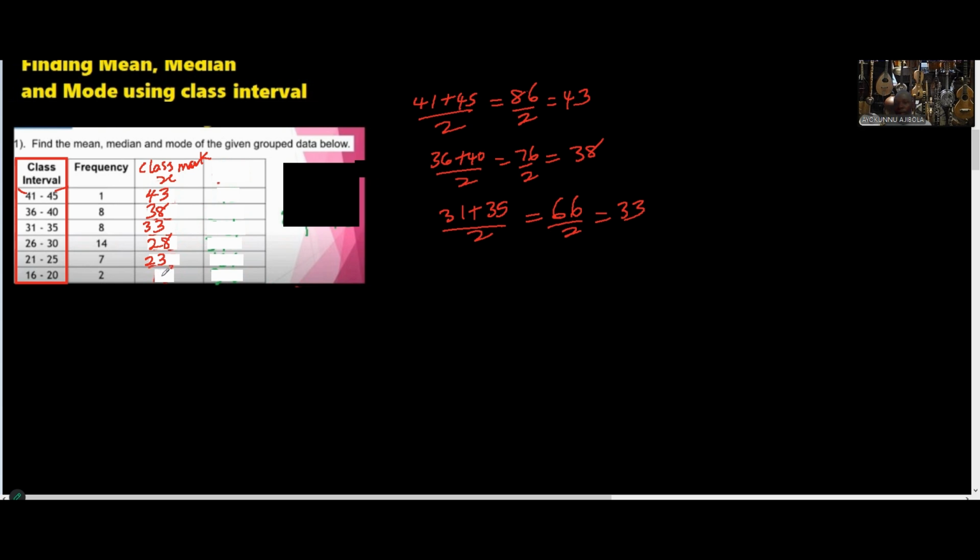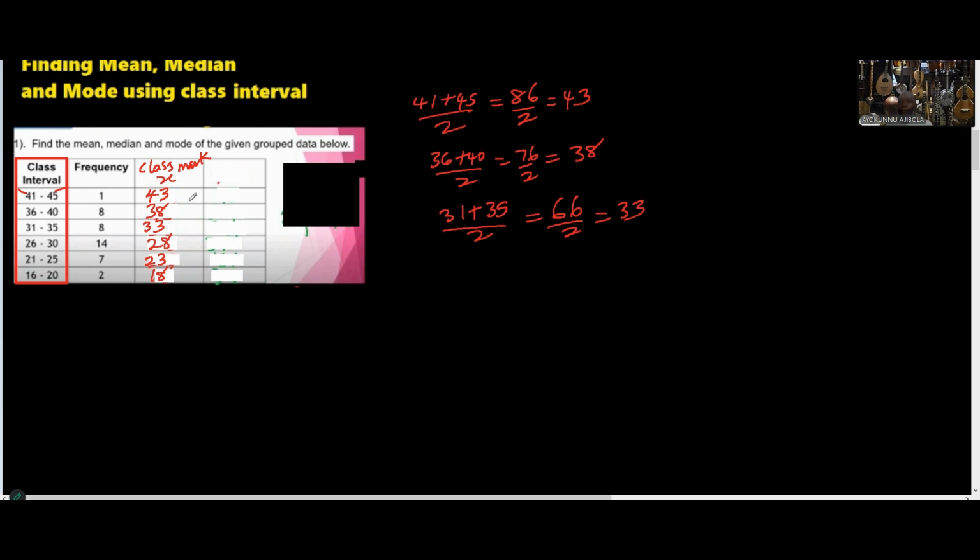Minus 5 is 18, right? Because 16 plus 20 is 36 divided by 2. Because the class range is 5, that's why we subtract 5, and this is the class range.